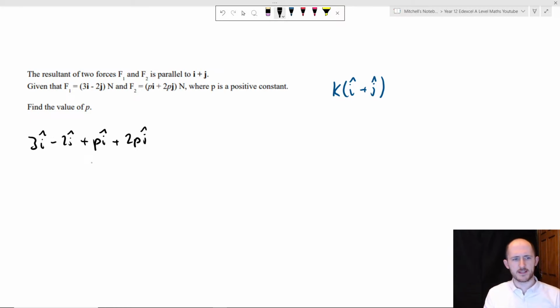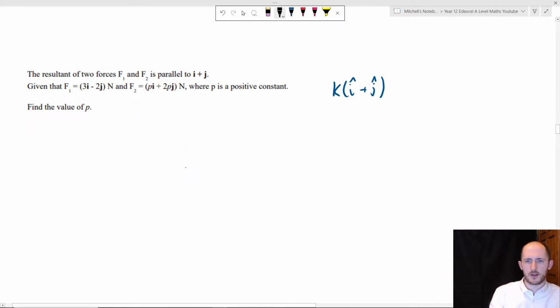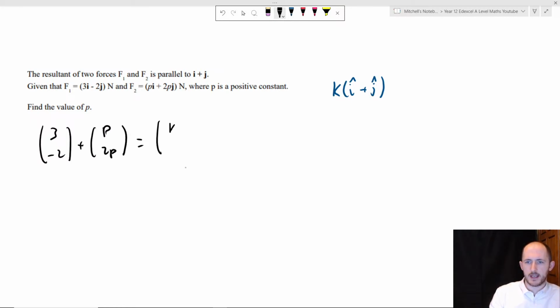And again, you could have done this as a kind of column vector. So just as a column vector, it would look like this. 3 plus p, minus 2 plus 2p equals k, k. So we have two equations now. We have 3 plus p equals k, and we also have minus 2 plus 2p equals k.